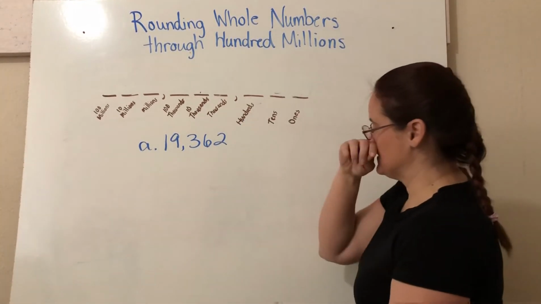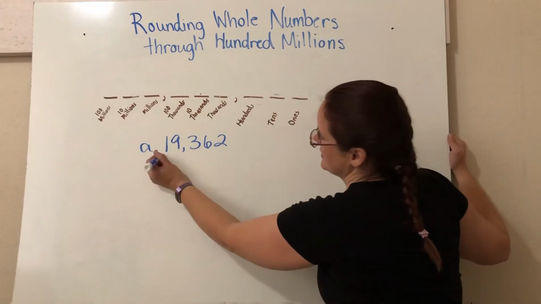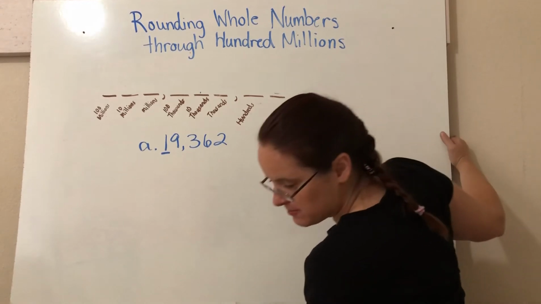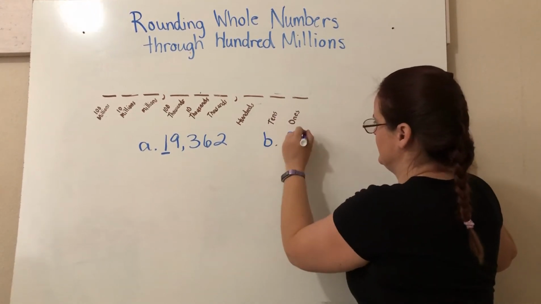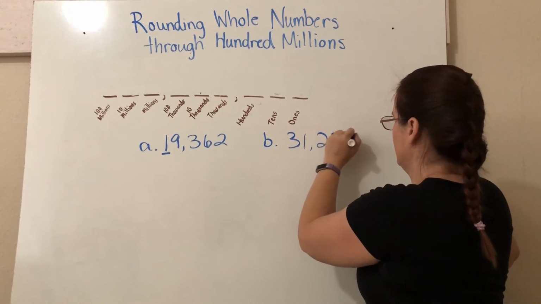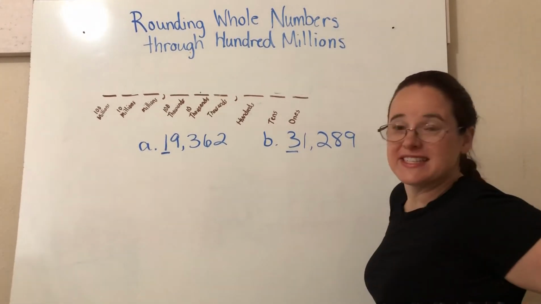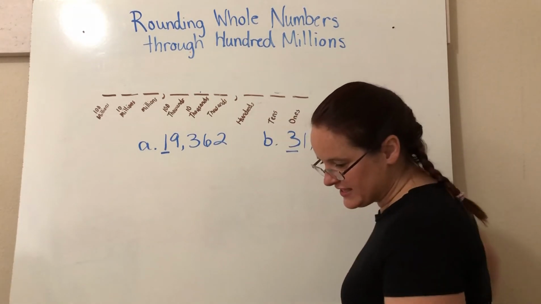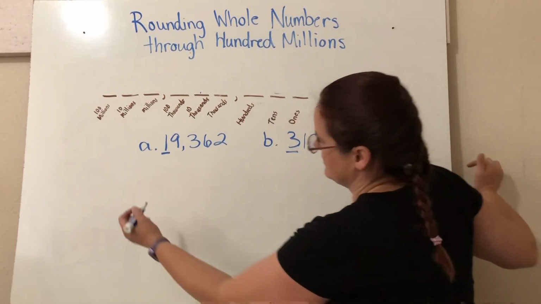So here you're rounding to the nearest 10,000, right there. B, 31,289. Again, we're rounding to the nearest 10,000 here. For these two, you're going to round to the nearest 100,000.